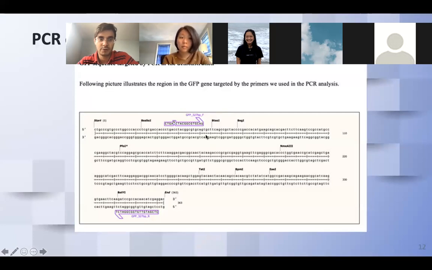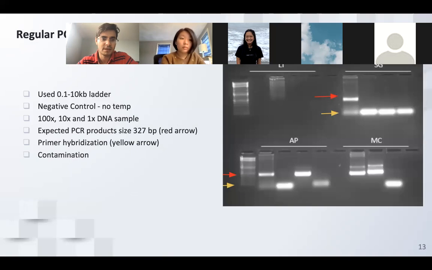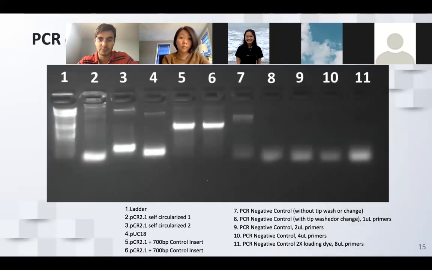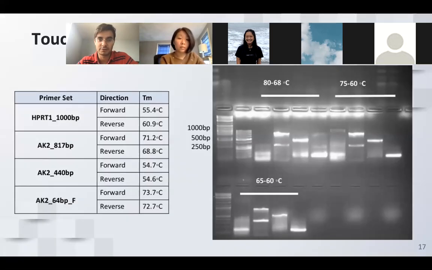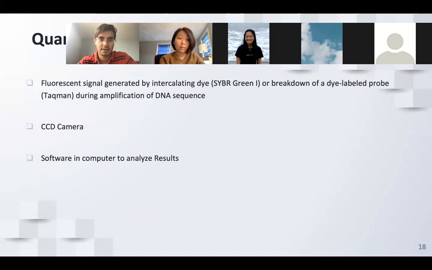I just showed you the primer design, and these are results that I showed because I wanted to address Lucy's question directly. There are different types of PCR. One is called touchdown. I am not going to explain about this.